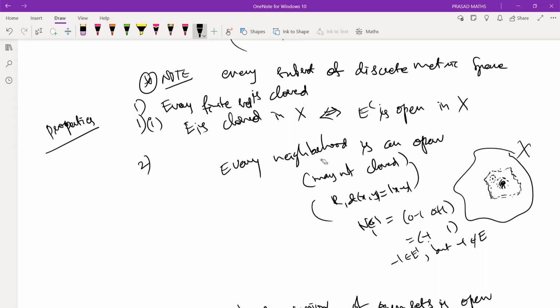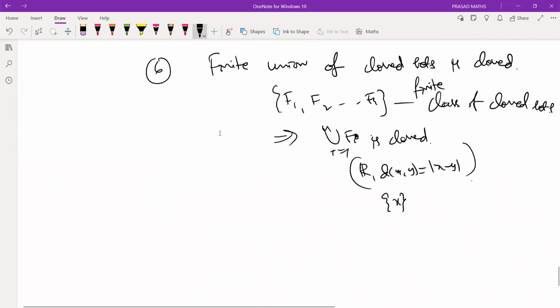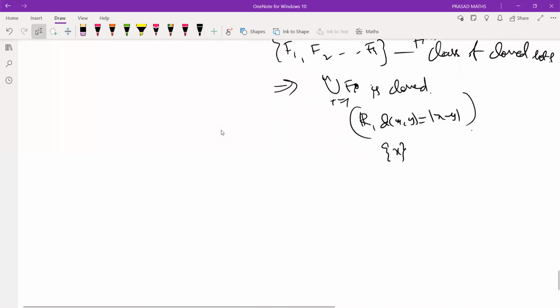This is a Rudin corollary. Why? Because a finite set has no limit point. Therefore, it's always a closed set. Each singleton is always a closed set.